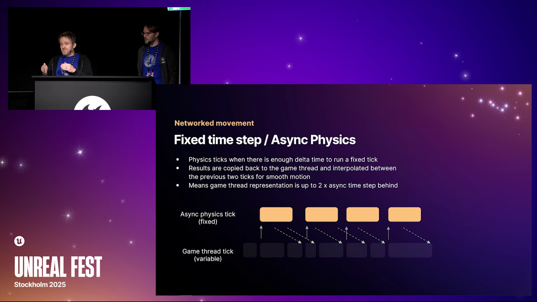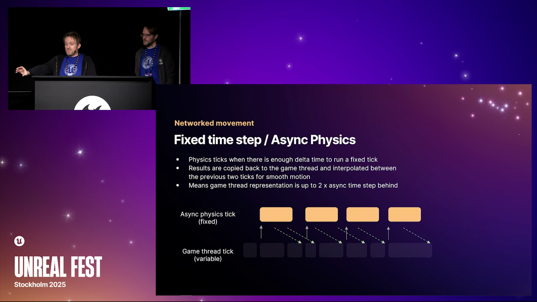But we can't set just the latest physics result directly onto the game, because the game thread could keep ticking, and there could be 1 or 2 ticks before you get the next physics result, and so on. So you could get a stuttered motion of your character. So we actually need to interpolate the result from the previous 2 physics ticks, and that enables us to have a smooth physics representation on the game thread.